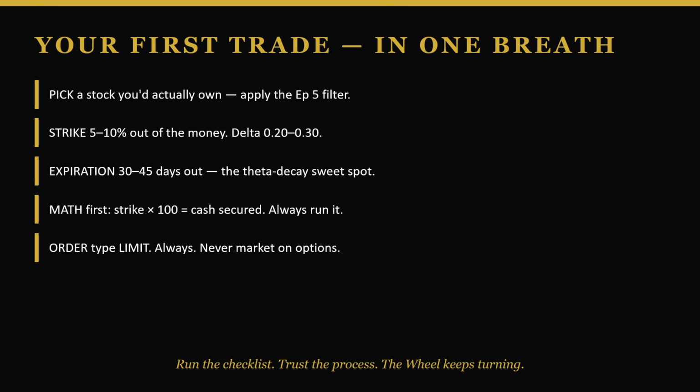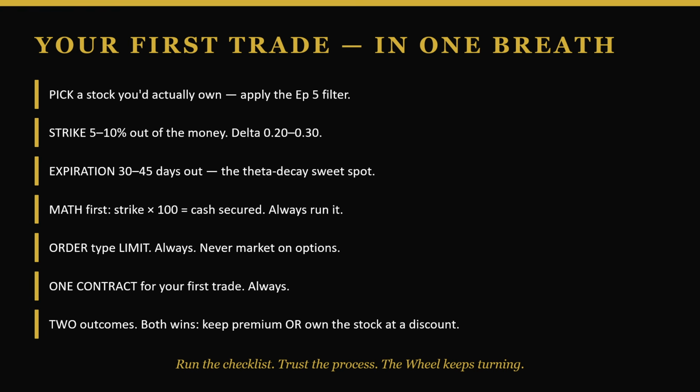We're not doing any other type of orders. Never do market price on an option. Always do limit, baby. And then only do one contract. Just do one contract. Ain't no sense in getting ahead of yourself. And then there are two outcomes, right? And both of them are going to be a win, baby. You either keep the premium or you're going to get a stock at a discount.